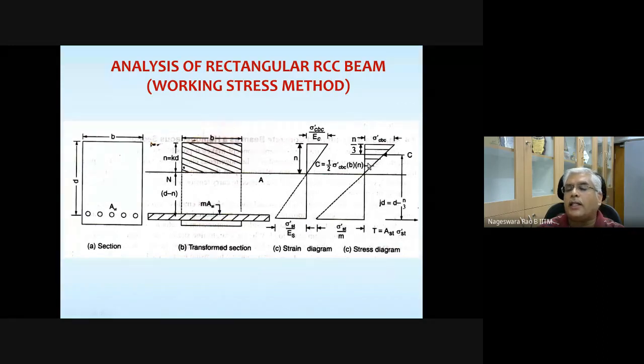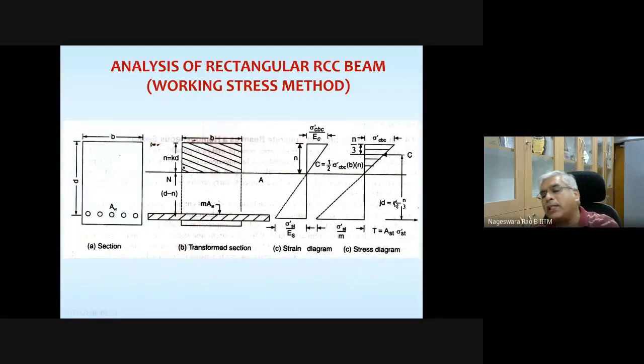Please note that the stress diagram, whatever we plotted or shown, is in terms of concrete. This is the stress distribution or stress diagram for the transformed section. Transformed section is in terms of concrete. So the stress at the level of steel is going to be sigma prime ST divided by M.